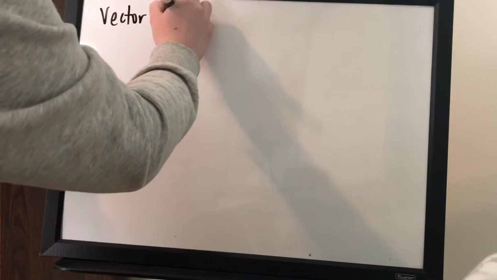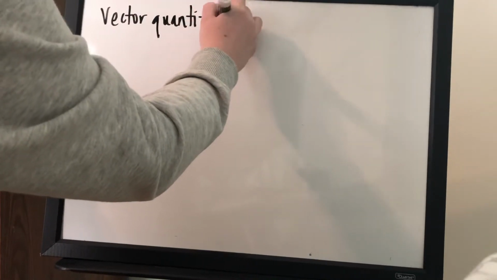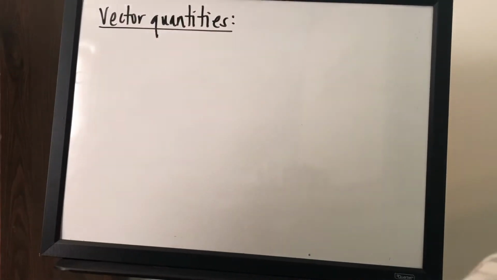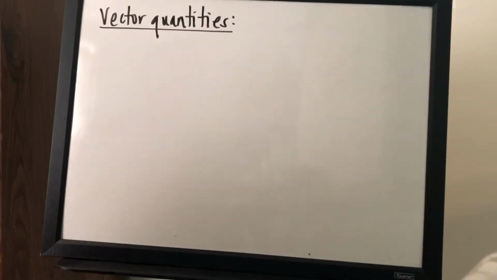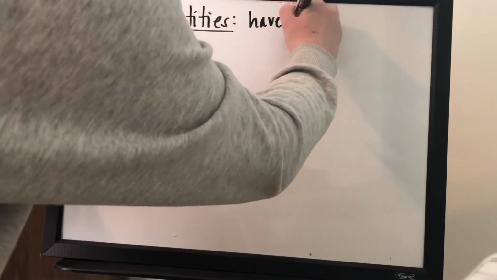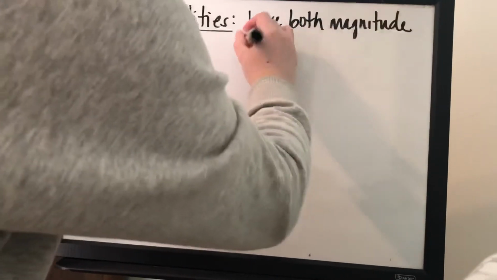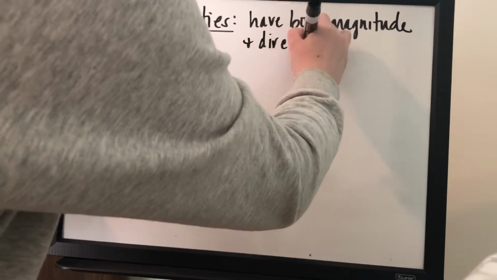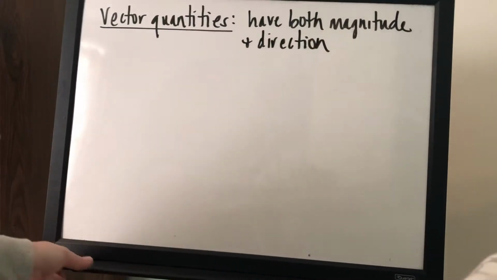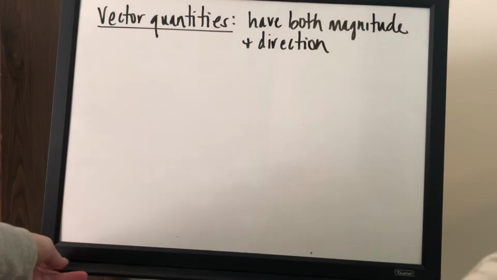Okay, you have a bullet point now that says bond dipoles and dipole moments are vector quantities. For those of you who have taken physics, you should know what a vector is. Vectors have both a magnitude, or a size, and a direction. And dipoles are vector quantities, okay? They have both a size to them, and they have a direction, thus the pointing of our arrow in our CO2 picture.